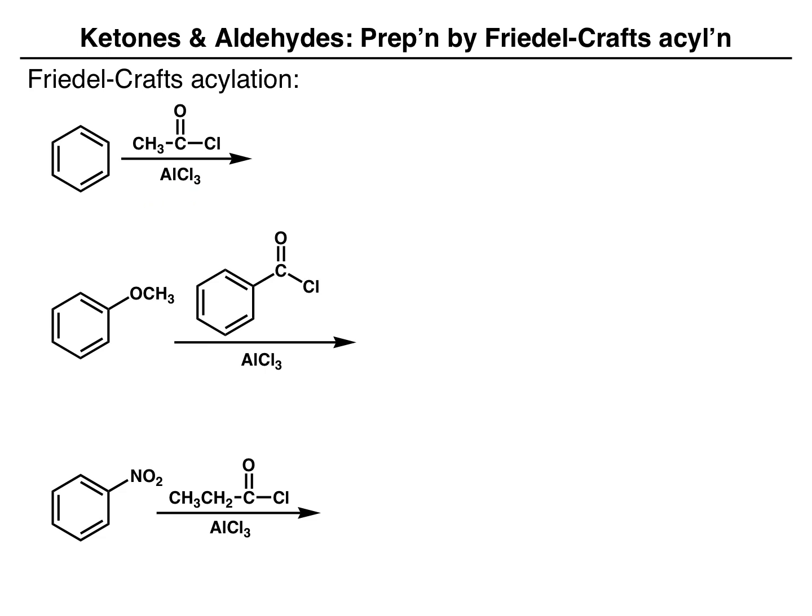When we carry out an acylation, remember it is this acyl group that becomes connected to the aromatic ring. So treatment of benzene with acetyl chloride and aluminum trichloride will result in the formation of this aryl alkyl ketone, and this one is called acetophenone.